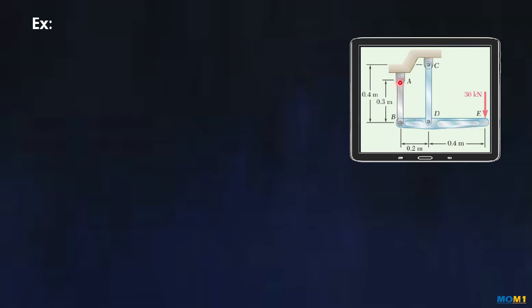However, link AB is made up of aluminum material and link CD is made up of steel material. There is going to be some deformation in these two links, and because of that there is going to be some deflection at point B and at point D of the beam BDE.